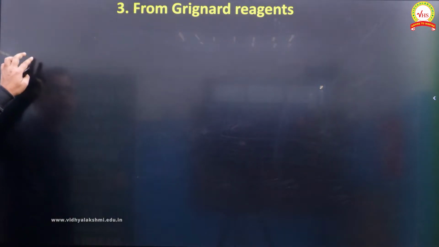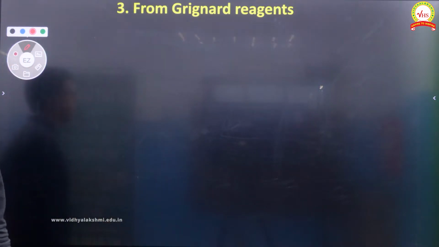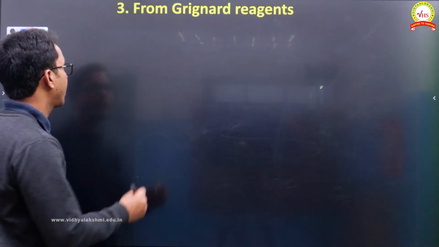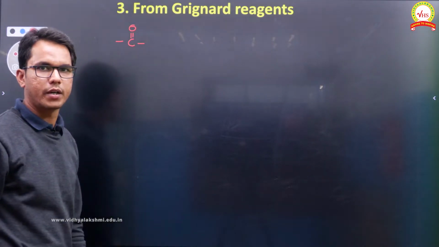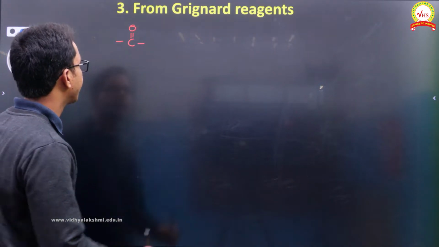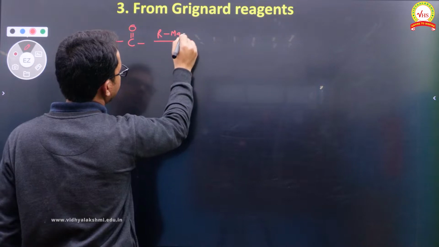Now let us see how the reaction takes place between the Grignard reagent and the carbonyl group. For example, take the C double bond O group and RMgX.